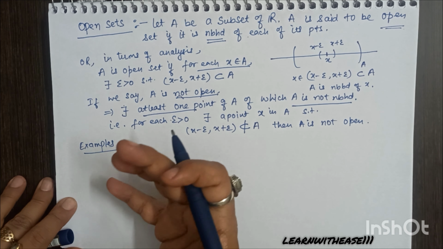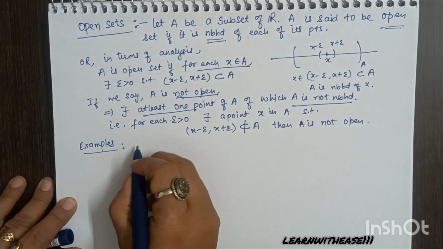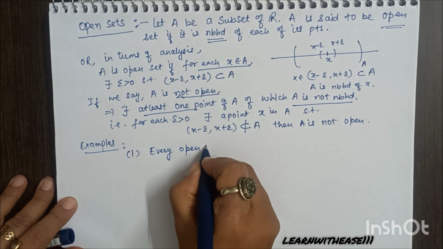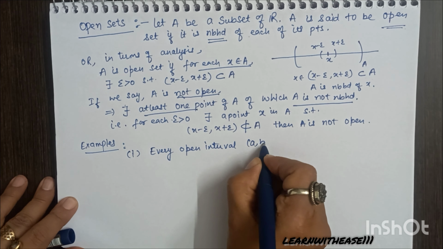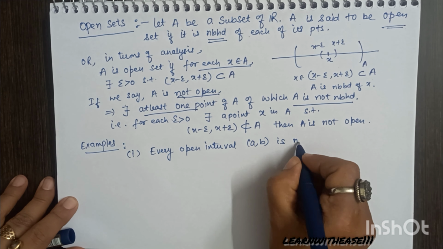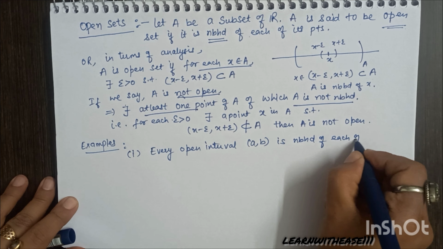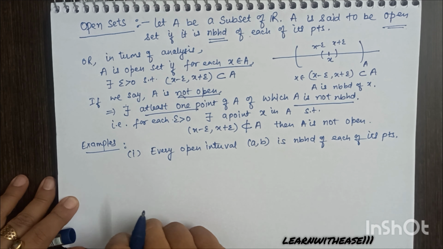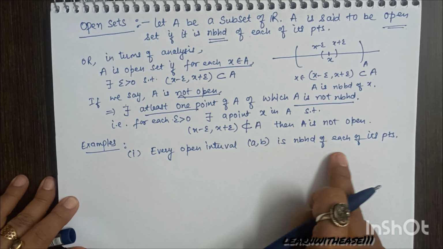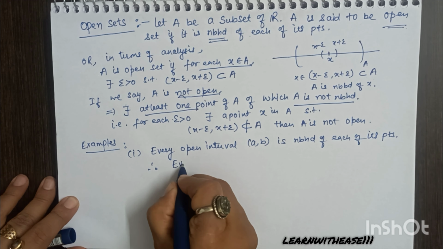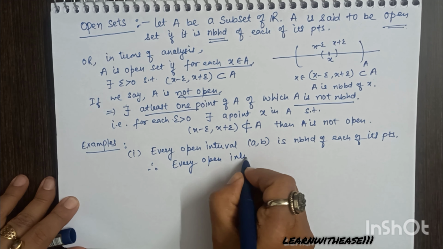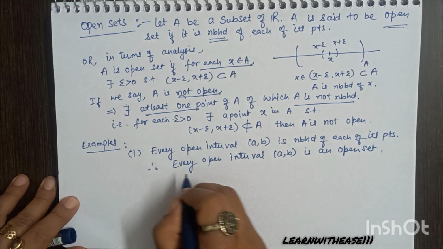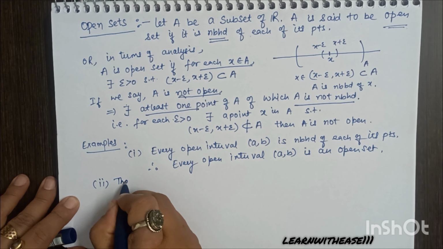Examples of open sets: every open interval A to B is a neighborhood of each of its points. Therefore, every open interval is an open set, because for an open set, a set should be a neighborhood of each of its points.